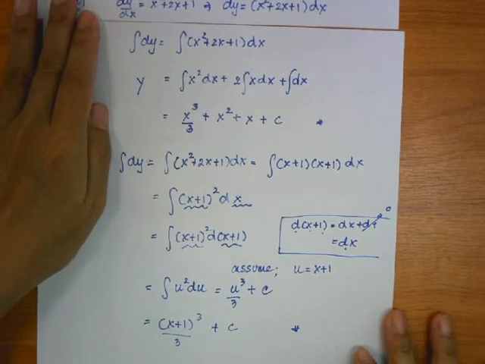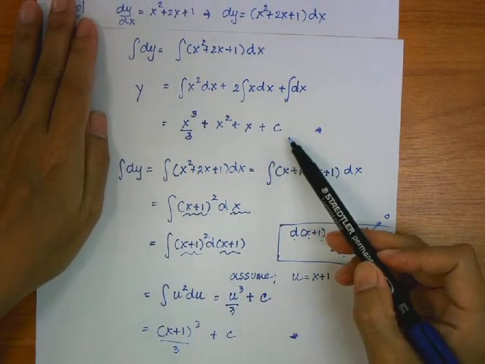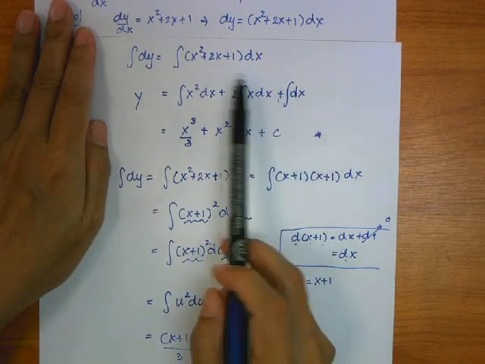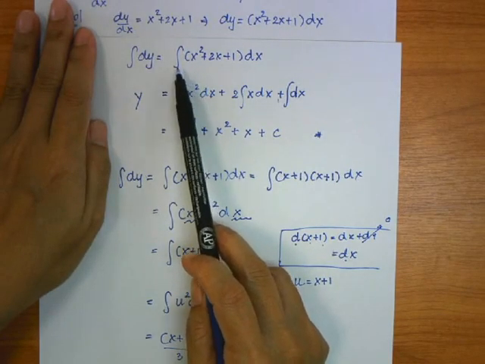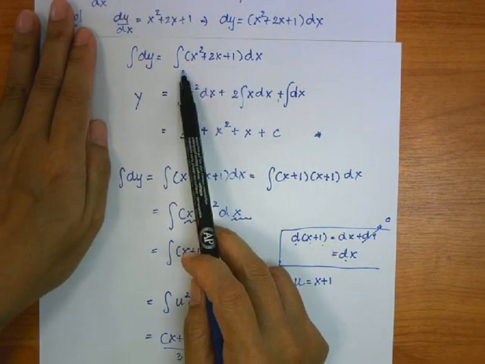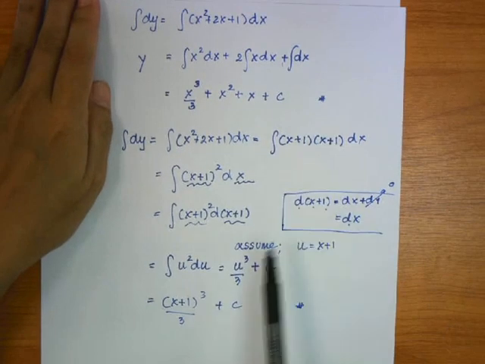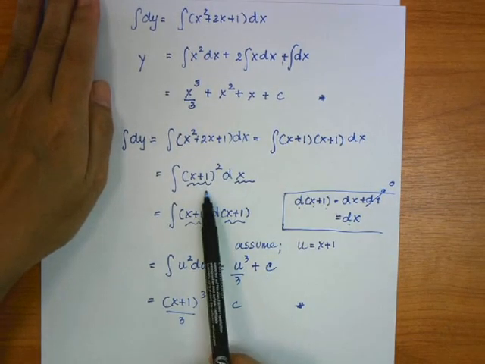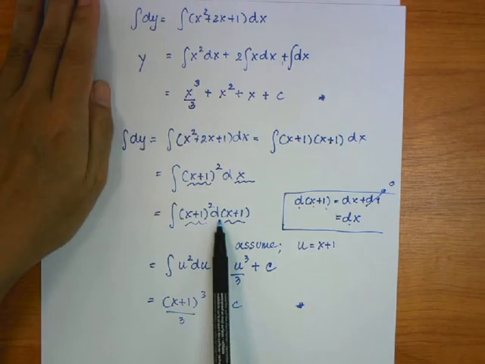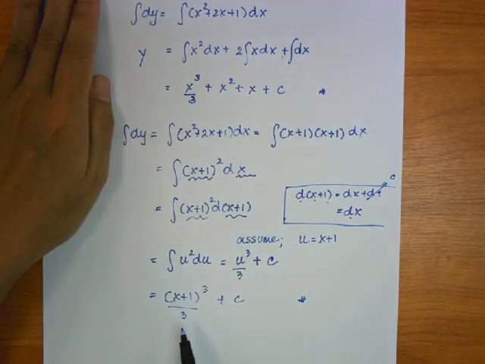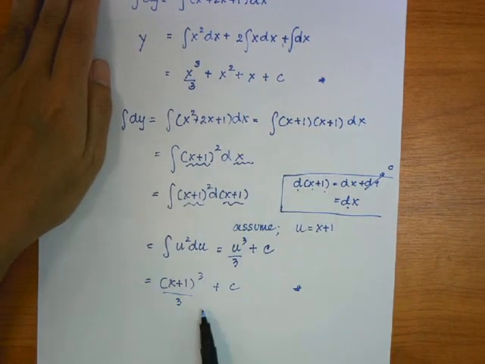Either way, you can use the distribution property, like put the integral into each term there, or you can make it into this function and try to make the function here the same as the differential of the function, and then use the change of variable.